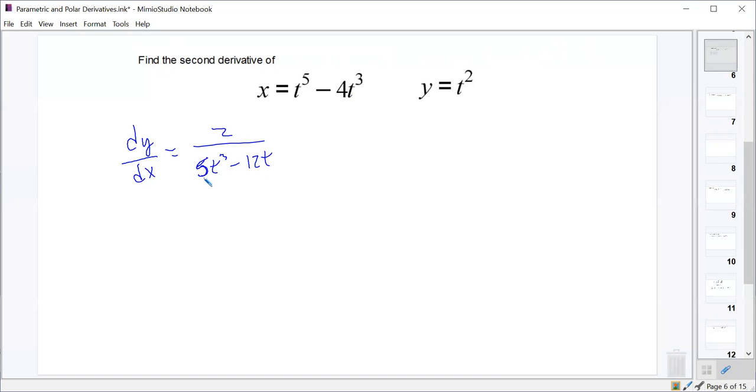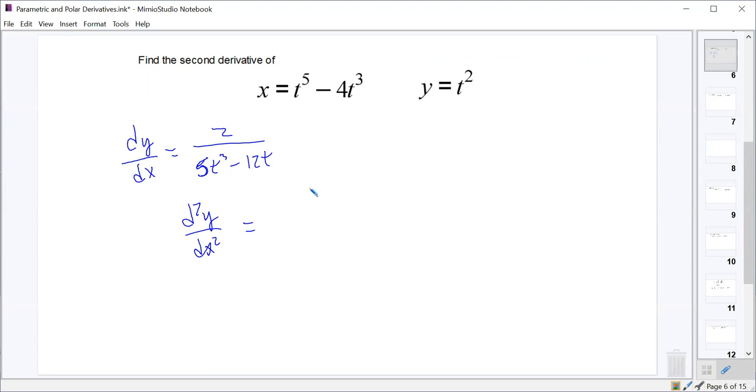Right. Okay. And so if we want to find the second derivative, the first thing we have to do is take the derivative of this with respect to t. So what is the derivative of that? It should be what? How do you take the derivative of that?